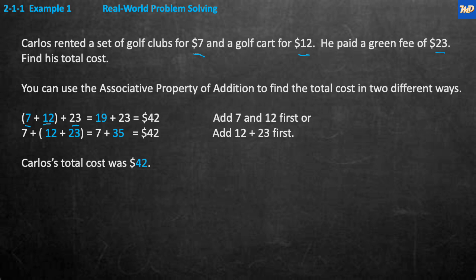Or you can say 7 plus the quantity 12 plus 23. 12 and 23 is 35, and you have 7 plus 35 is 42. So no matter how you do it, the same price. Clubs, green fee, and cart, $42.